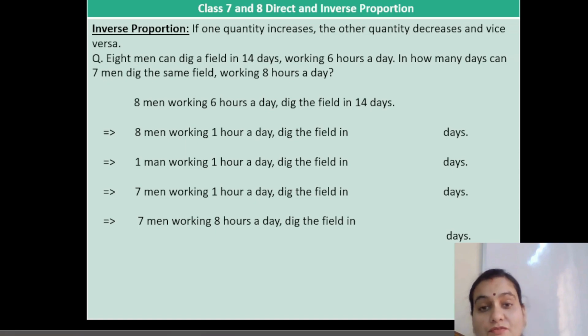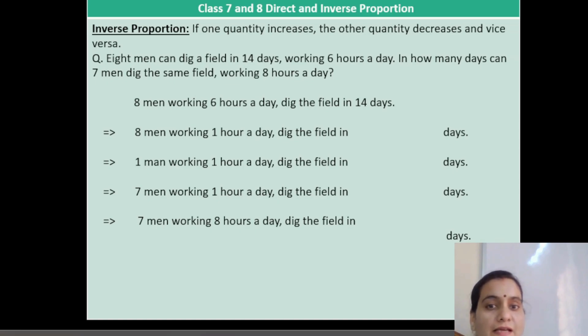Let's find out that. From there, let's take it like if one man works for 1 hour a day, then how many number of days will he require, right? First, we try to divide and take it into one man, 1 hour a day, how much number of days it requires to dig the field. Then we will build on it.